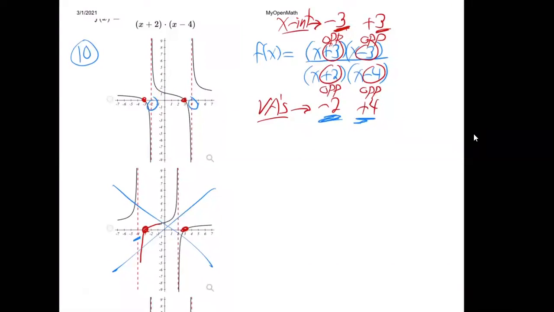Can you see the horizontal asymptote? Do you see it right here? It's at 1 for that graph. Now how did I come up with that? Well, you can see the branches are leveling off, and this one's coming up and leveling off at a height of 1. The horizontal asymptote is +1.